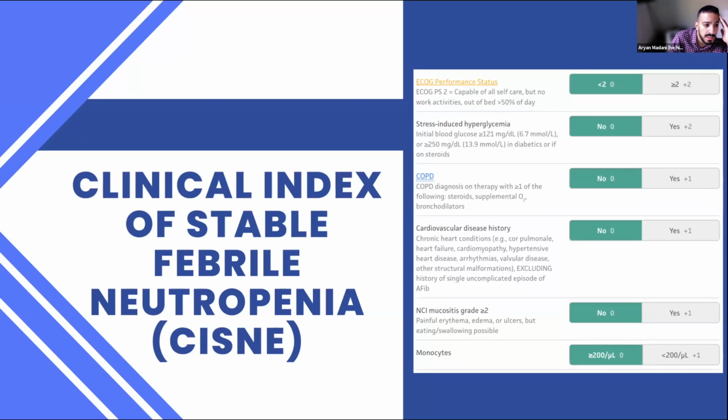The other tool I looked at was the CISNE score, or the Clinical Index of Stable Febrile Neutropenia. And this one only includes objective data, so there's no subjective insight from the physician standpoint. But it goes into the ECOG performance status, which is essentially just the functional status of the patient at home, whether they are capable of self-care or not. Another one that's interesting on here is stress-induced hyperglycemia.